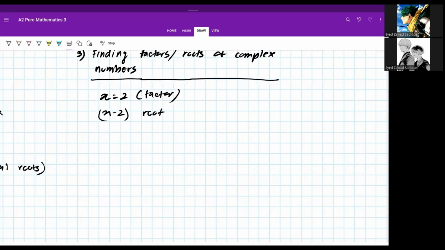Sorry guys, I made a mistake: x minus 2 is a factor, and this is a root. So remember this.